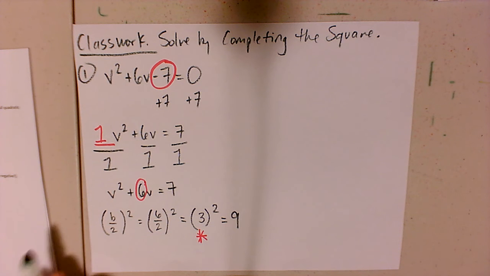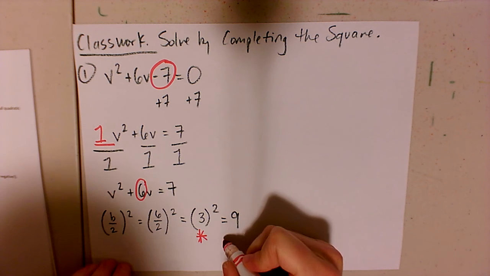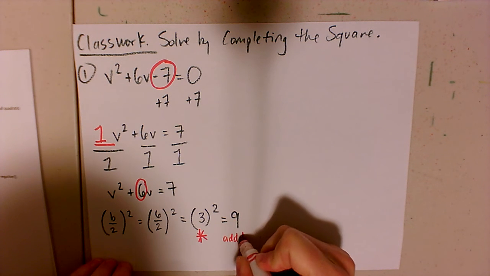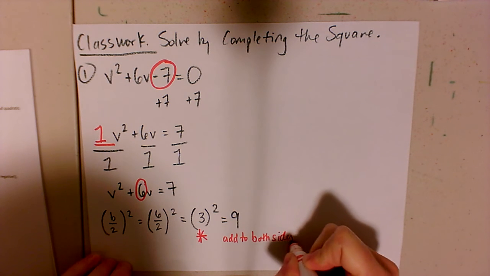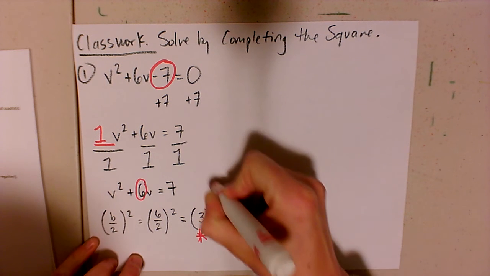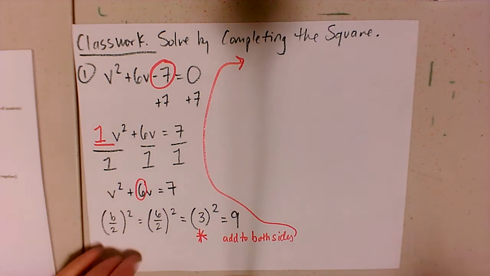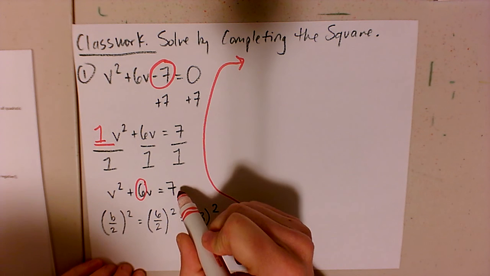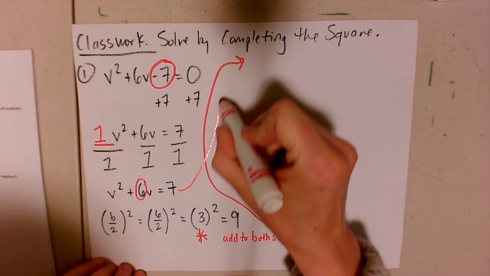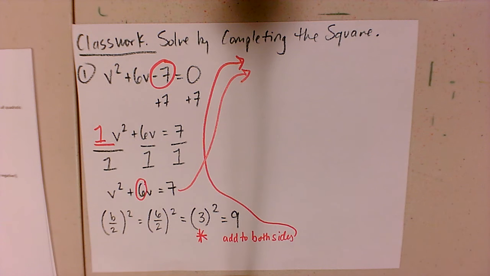So what I'm going to do, this 9 we add to both sides. And what I'll do is I'm going to go up here and do this. Okay? So we're going to add that 9 to both sides of that equation.